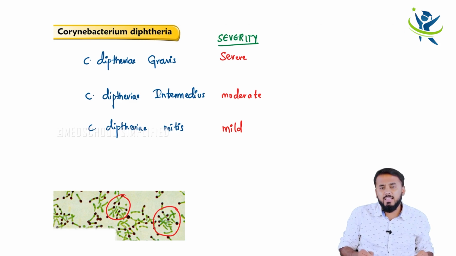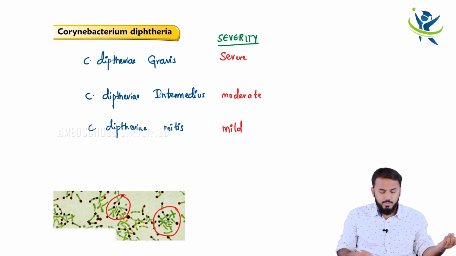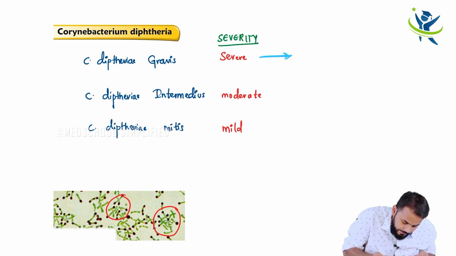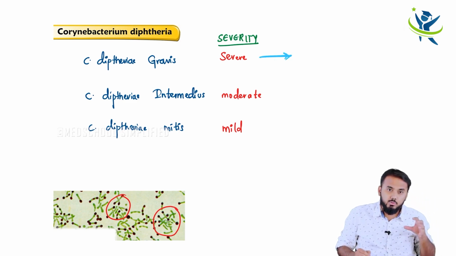Now you can ask me why gravis is so severe and why mitis is mild. What are these bacteria actually causing to us? Why is gravis so severe?